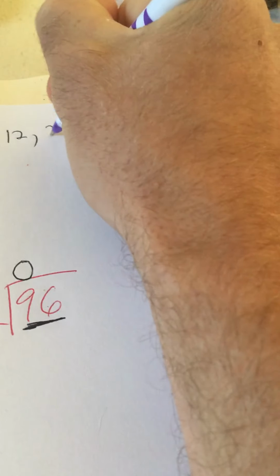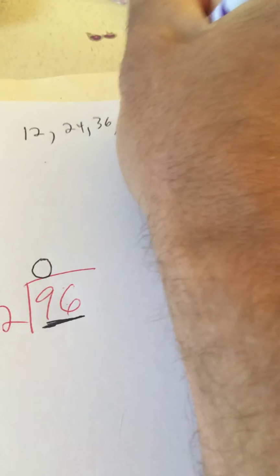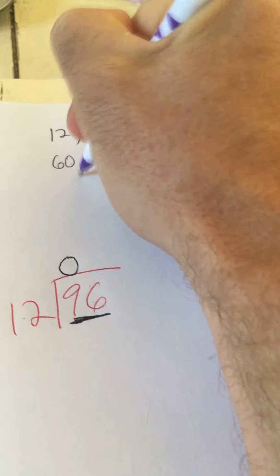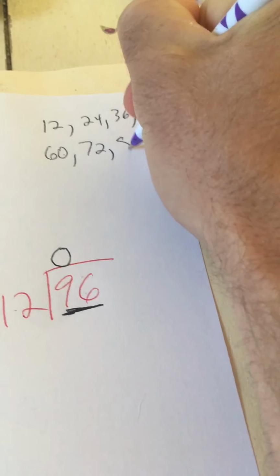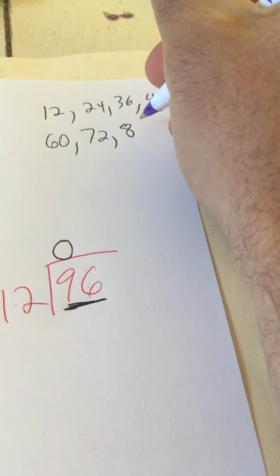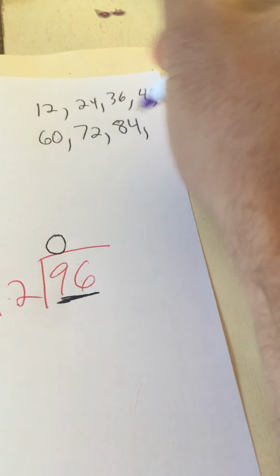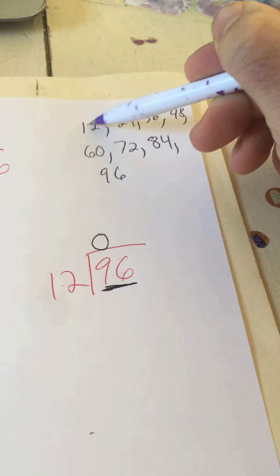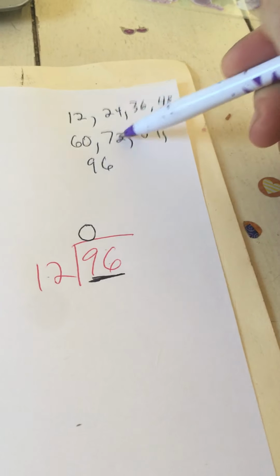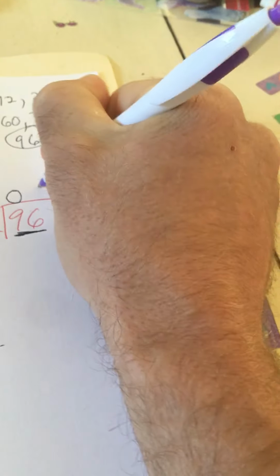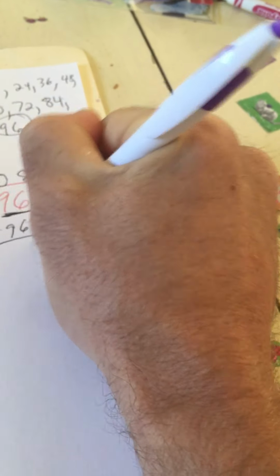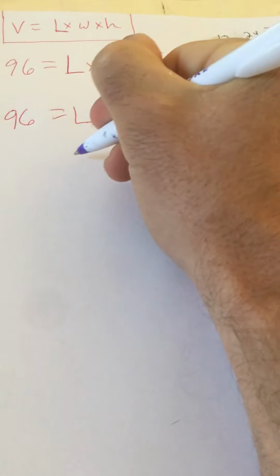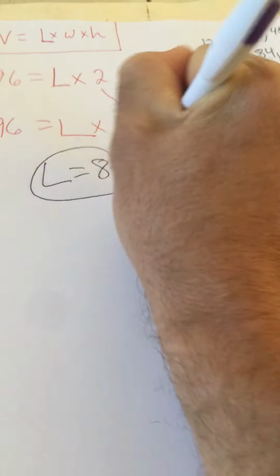If you're not sure about your 12 multiples, you could just add 12, add 12, add 12, add 12, add 12. Let's see. 12 times 1, 2, 3, 4, 5, 6, 7, 8 gets us to 96. And there's no remainder, so the answer is 8. So the length is 8, and that is the answer for part A.